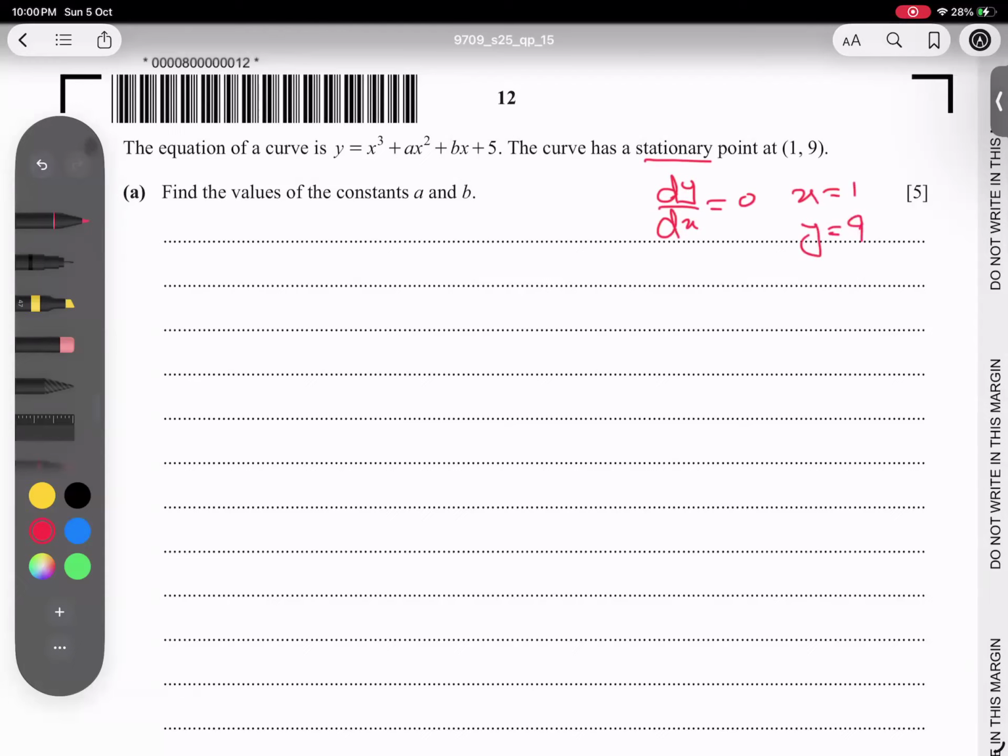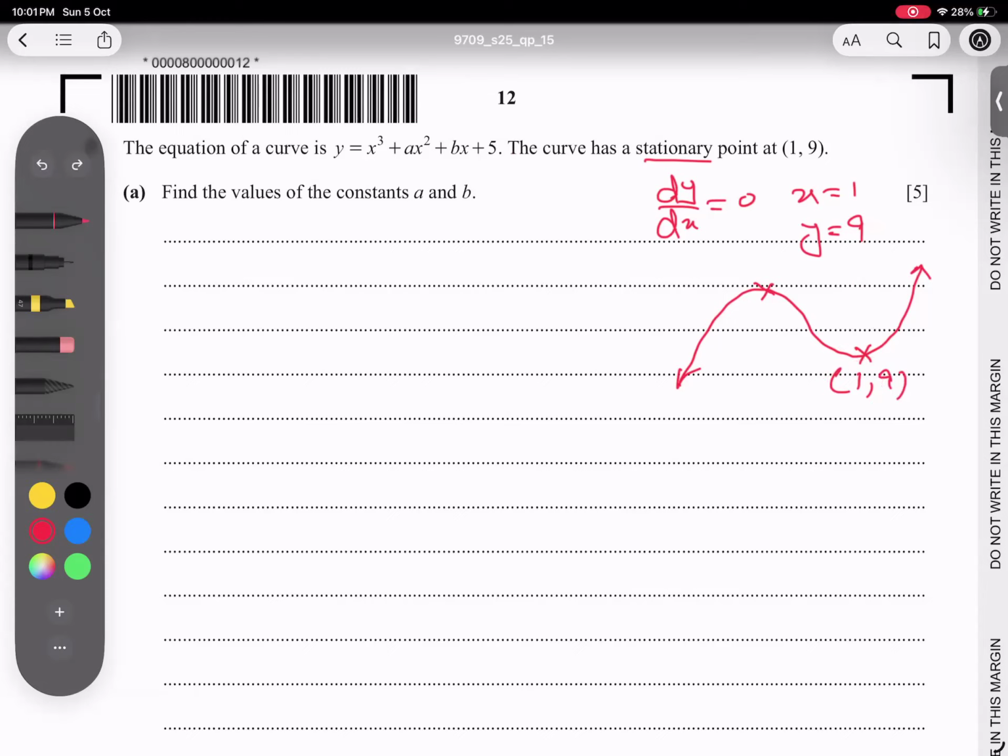For the sake of clear understanding, for example, you have this cubic equation, so these two stationary points we have. Assume this is a stationary point, and the x value at this point is 1, the y value is 9, and the derivative is 0. So first of all, I will differentiate.